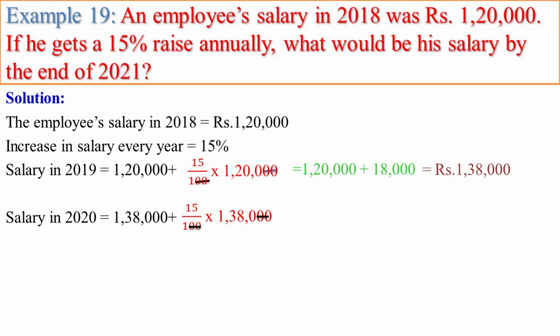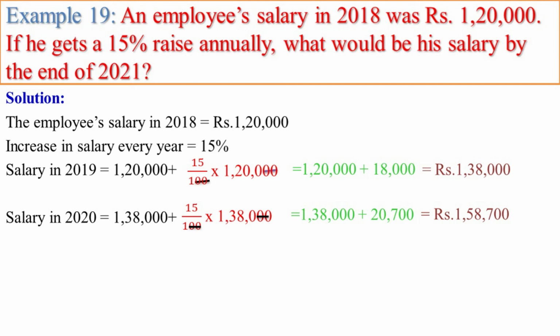On multiplying 15 and 1380, we get 20,700, which should be added to the salary amount of 2019, which is 1,38,000. We get rupees 1,58,700. This is the salary amount which the employee received in 2020.